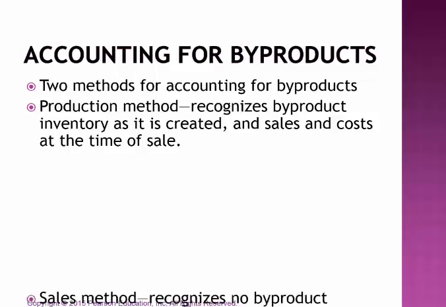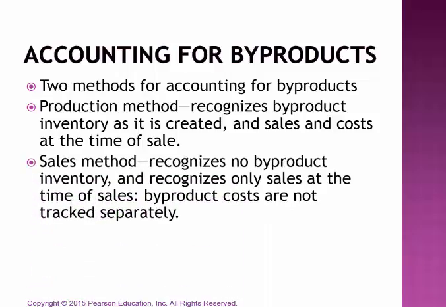And then we have another one called the sales method, and it recognizes no byproduct inventory, and recognizes only sales at the time of sales. Therefore, the byproduct costs are not tracked separately. And we're going to see a side-by-side comparison of these.